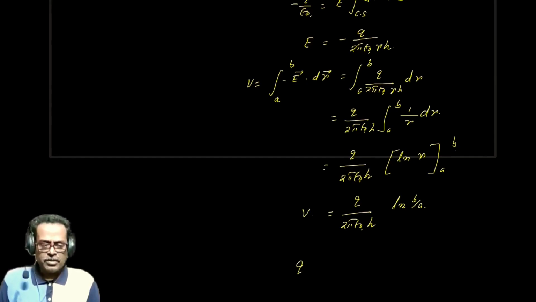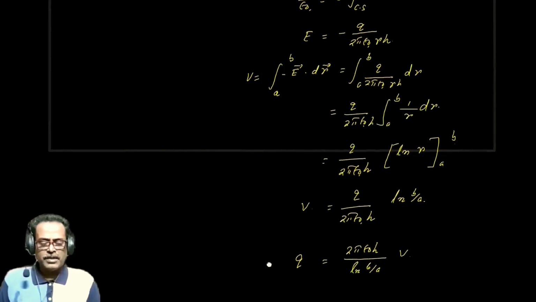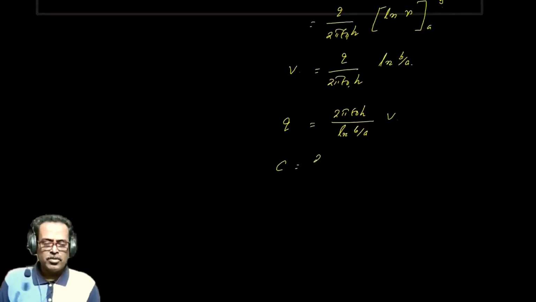Therefore, Q = 2πε0H/ln(B/A) times V. So you can say that C = 2πε0H/ln(B/A).